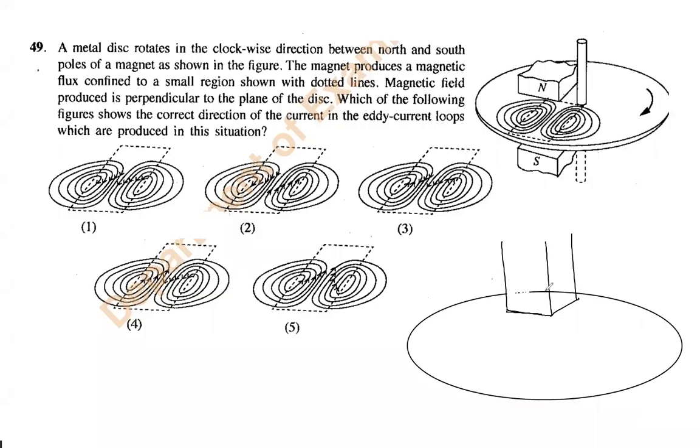Okay, here's the question. This is from year 2017, 49th MCQ, and this is the question I was talking about. This is from eddy current. I'm preparing a separate diagram to analyze this, just like we analyzed earlier. Until I prepare the diagram, you can take your time and see whether you can figure out the answer.